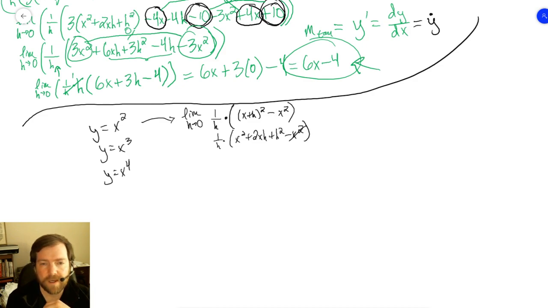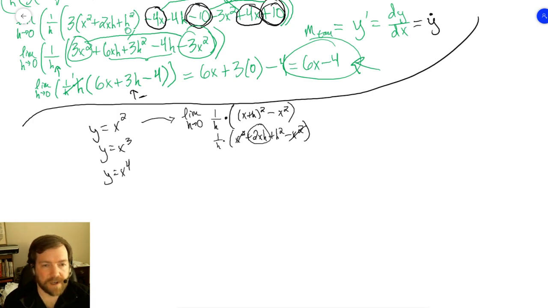Okay, the x squared terms go away, and we're left with the term with 1h, which will divide nicely with the 1 over h. The h squared term, just like we had up above, is going to have a leftover h, and so its limit approaches 0 and it'll be wiped out.